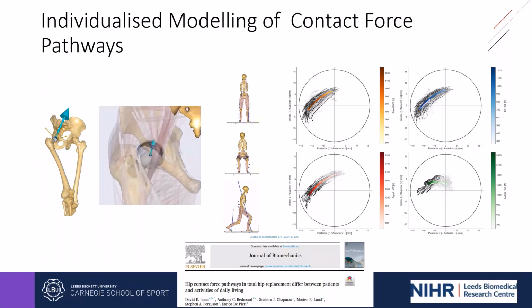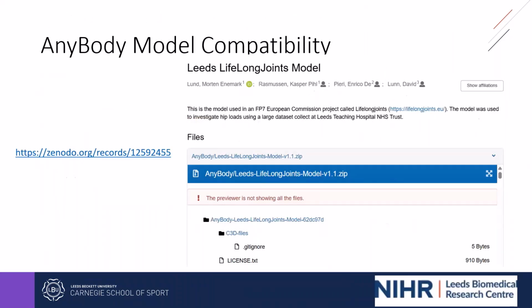I did mention this a little earlier, but when we were releasing our data set, we were keen to make sure that people were able to run the musculoskeletal models too, and not just the C3D files and the inverse dynamics, which is all you're really getting with the released data set.